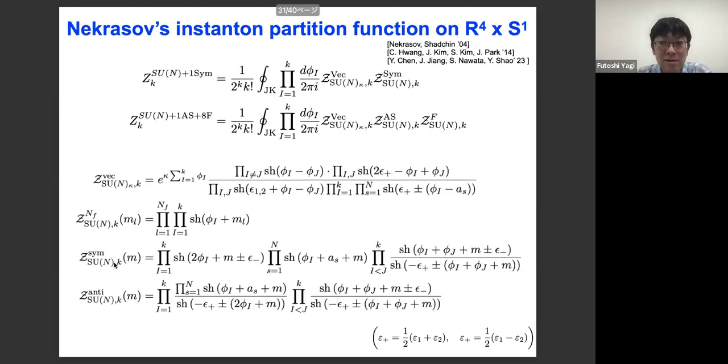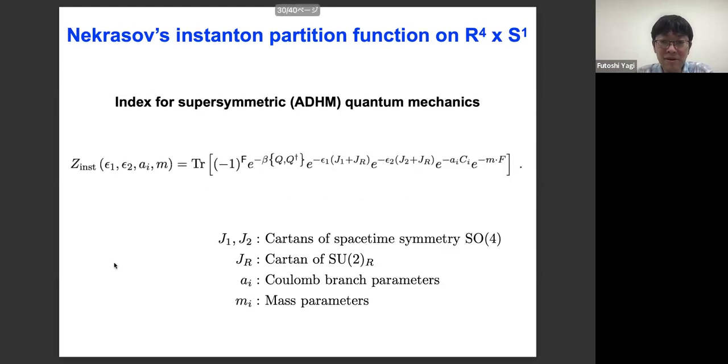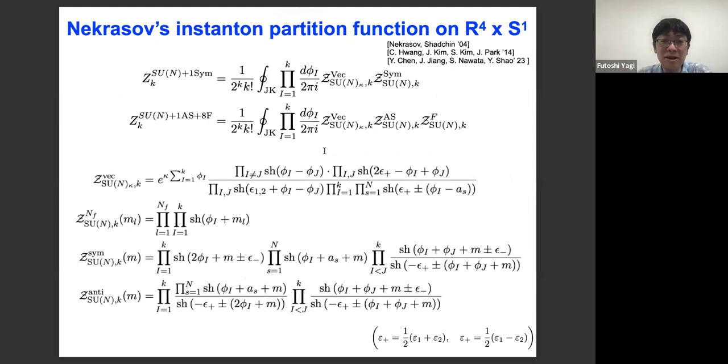This is a very long story, but the explicit formula for how to compute it has already been studied in past papers, for non-trivial gauge groups or non-trivial representations, starting from Nekrasov and Shadchin, and there are various follow-up papers.